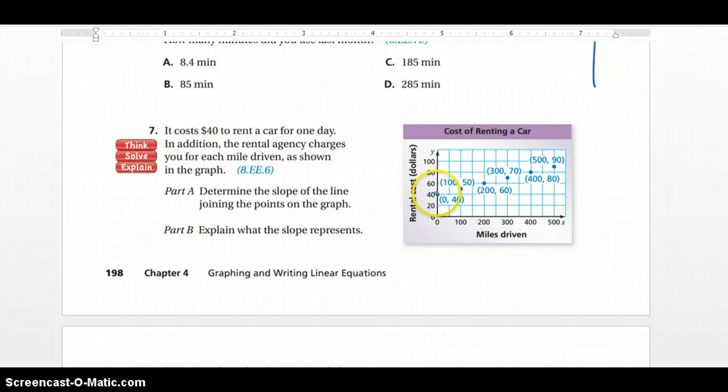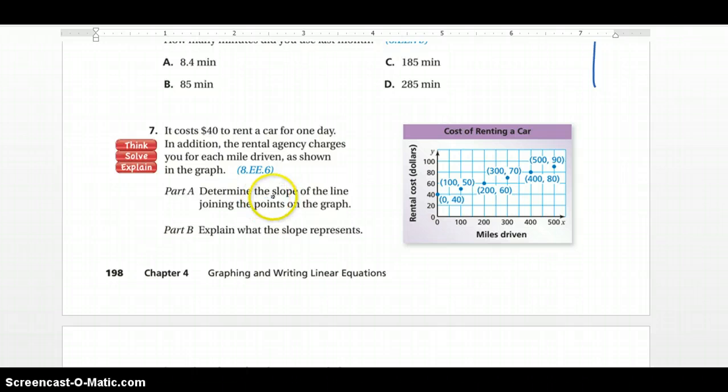So it's no miles at $40. At 100 miles, that's my 100, this is my money, $10. At 200 miles, this is my miles, this is my money. So see how that's working? Miles, and then the amount of money it costs me.